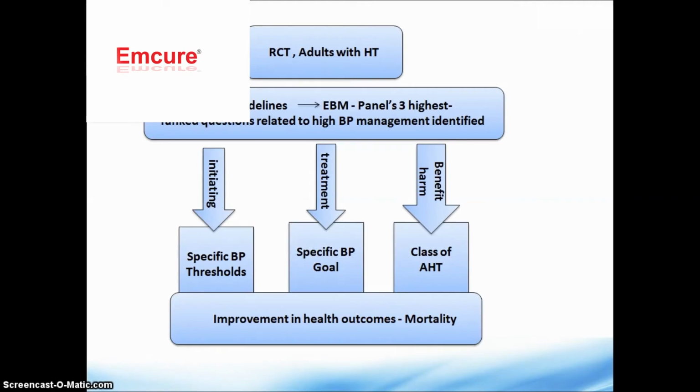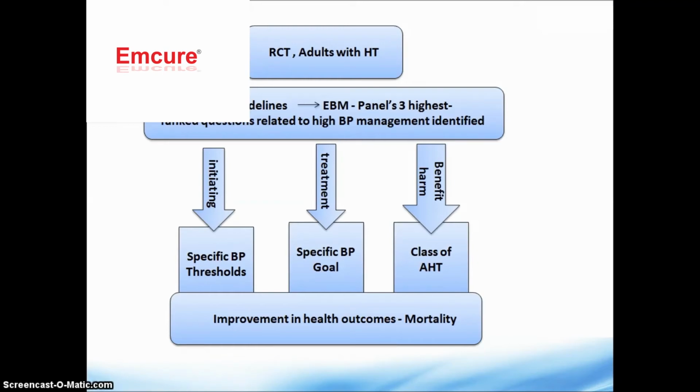The first question which was ranked as priority was when to initiate the treatment, that is, you need to identify the specific blood pressure threshold for treatment. Second is the treatment part of it.